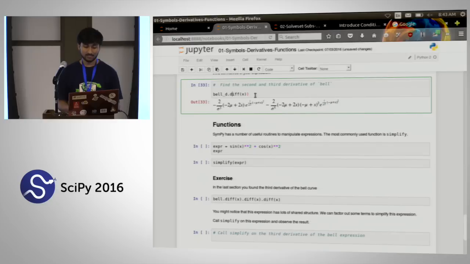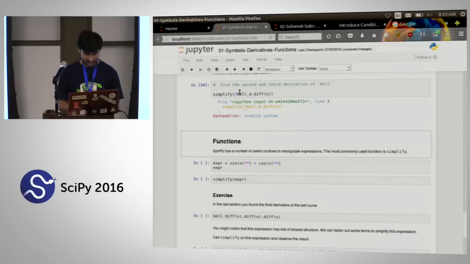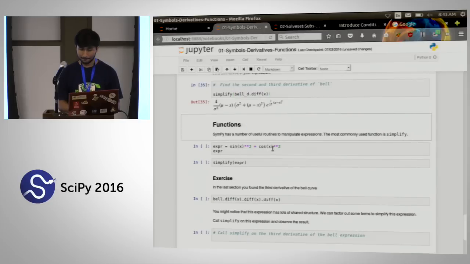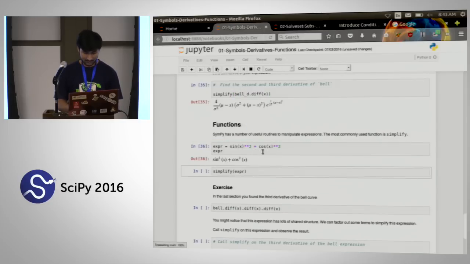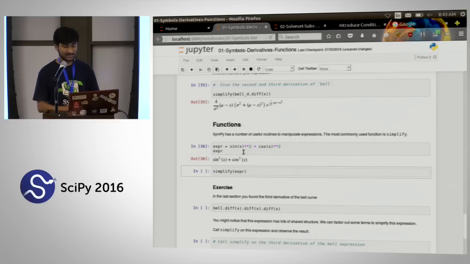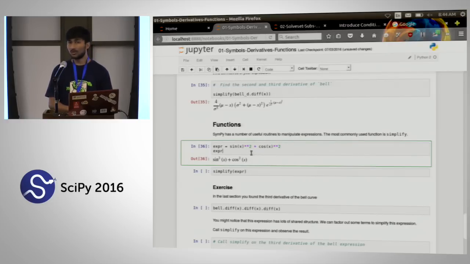Actually, it's already simplified. Not exactly, one second. Yeah, a more simplified version. So you got sine square x plus cos square x. By default, it will not do any simplification. Simplification is minimized, and you need to explicitly tell SymPy to simplify it.